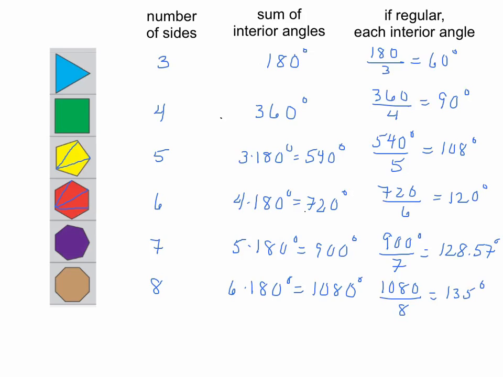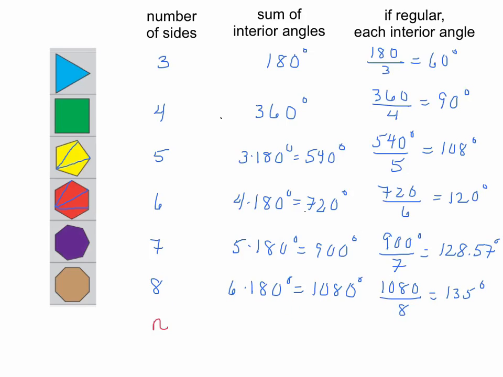Let's finish this slide now by generalizing what's going on in these columns. First of all, instead of working with a specific number of sides, let's call the number of sides n. So we're going to work now with an n-gon instead of any particular number of sides. And as you can see from our earlier work, we are always multiplying 180 by 2 less than the number of sides.